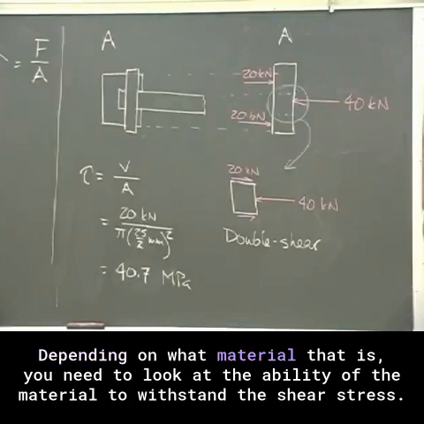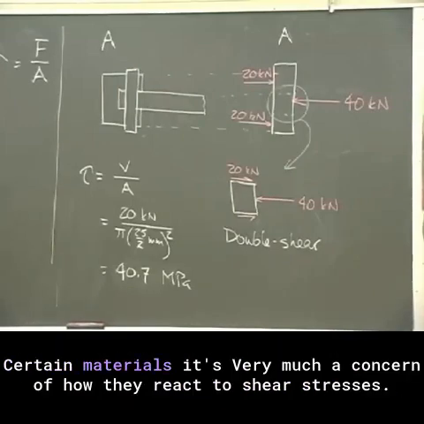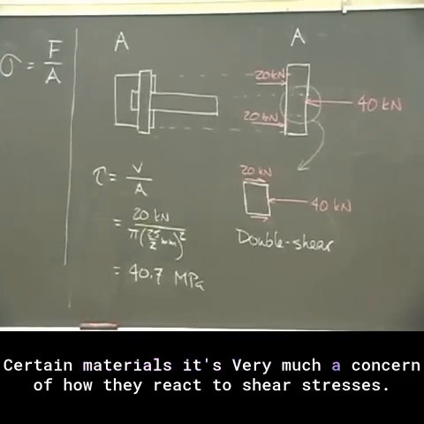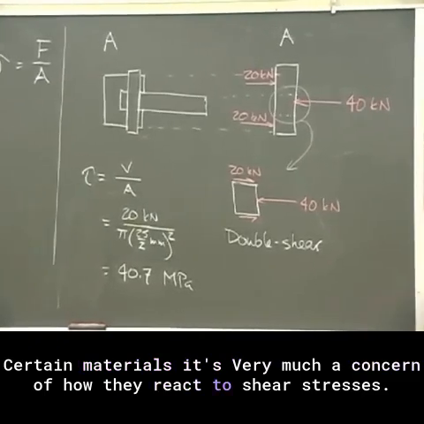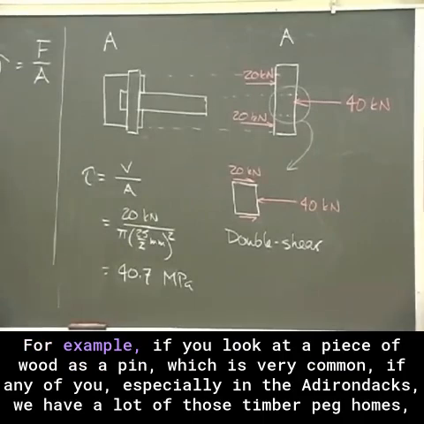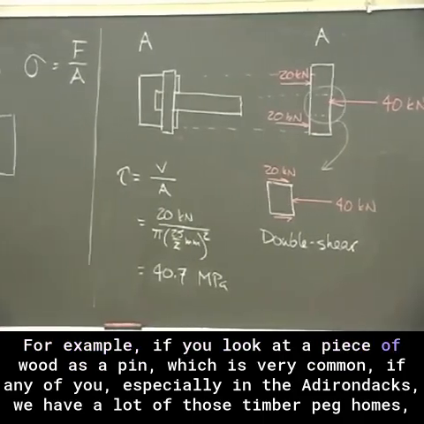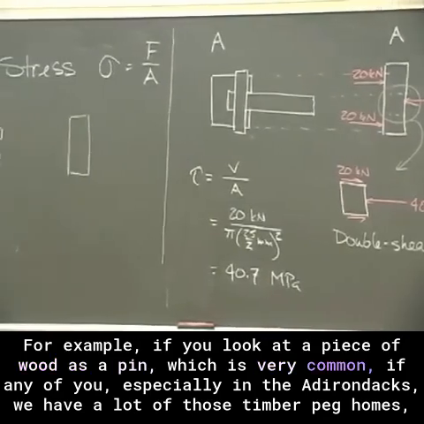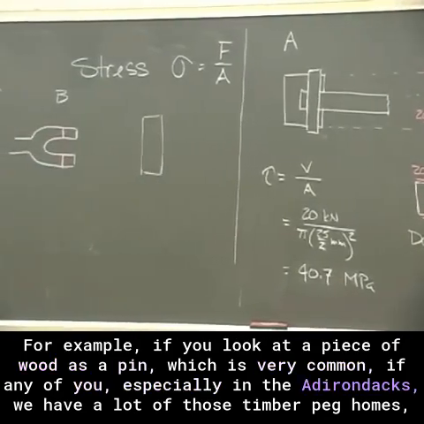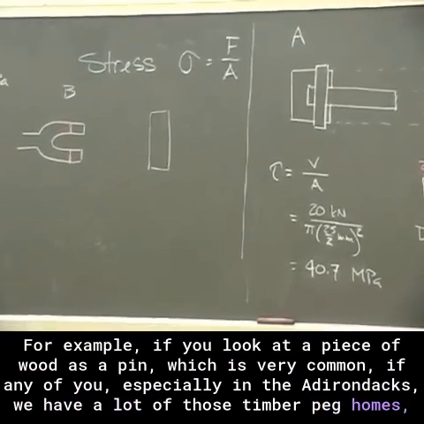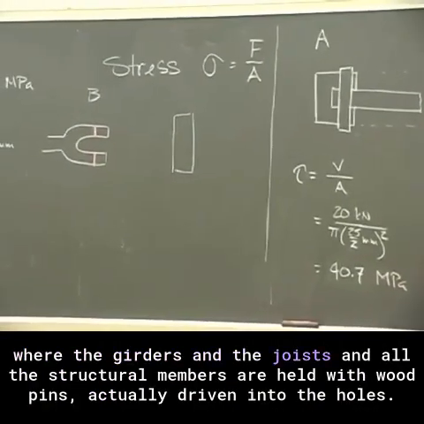I think so. Depending on what material that is, you need to look at the ability of the material to withstand the shear stress. Certain materials, it's very much a concern how they react to shear stresses. For example, if you look at a piece of wood as a pin, which is very common, especially in the Adirondacks, we have a lot of those timber peg homes where the girders and the joists and all the structural members are held with wood pins, actually driven into the holes.